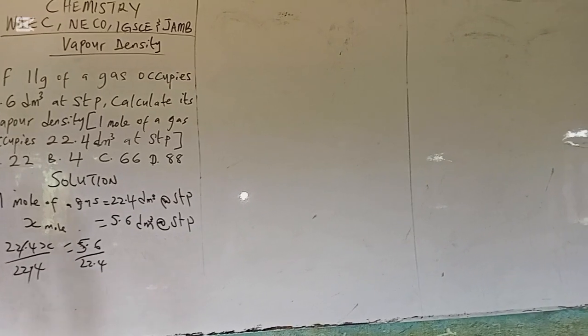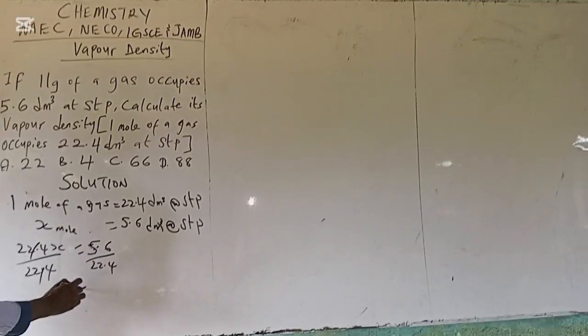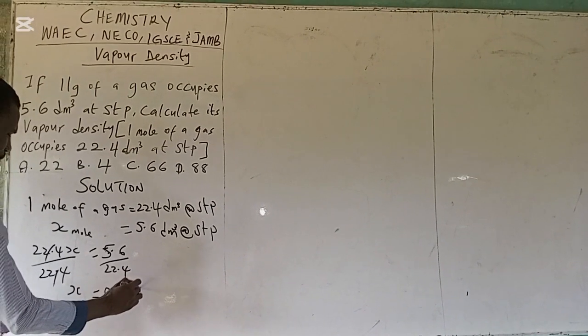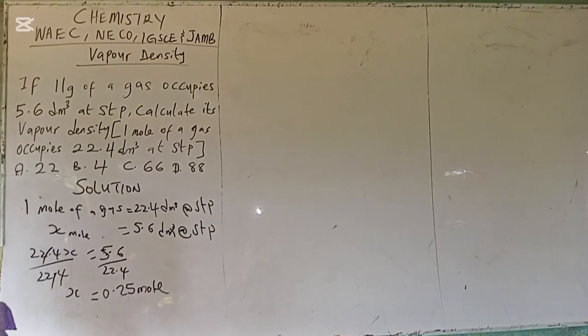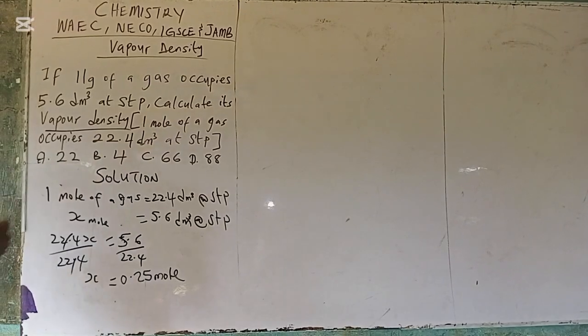When you divide by 22.4, you have x equals 0.25 moles. Now we are not done because we are looking for the vapor density, according to the question.